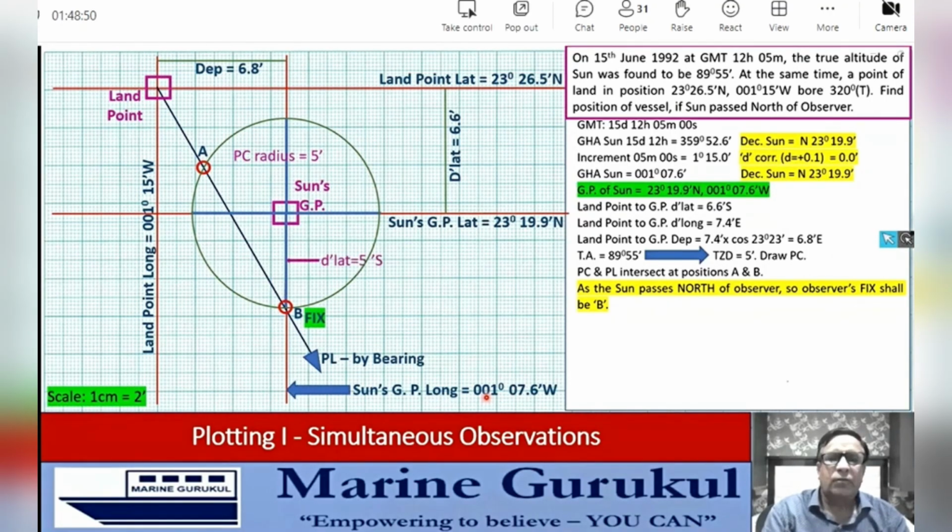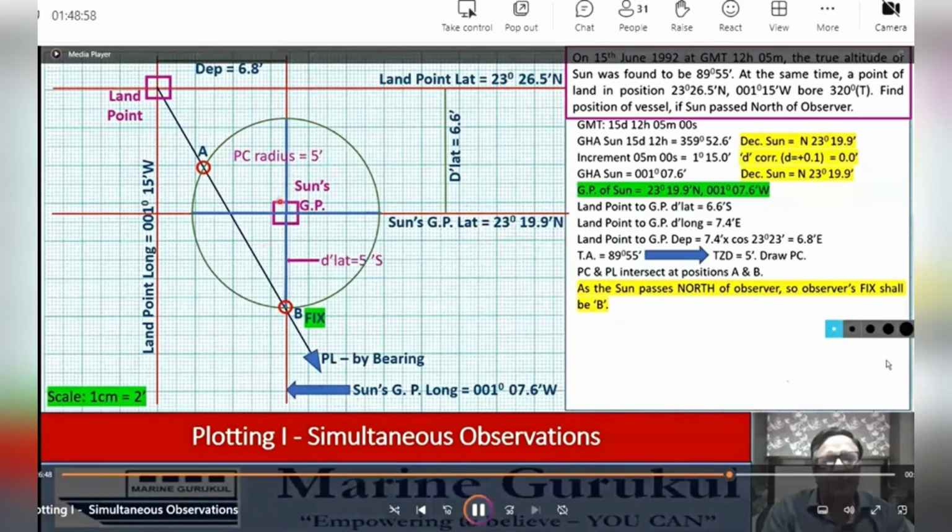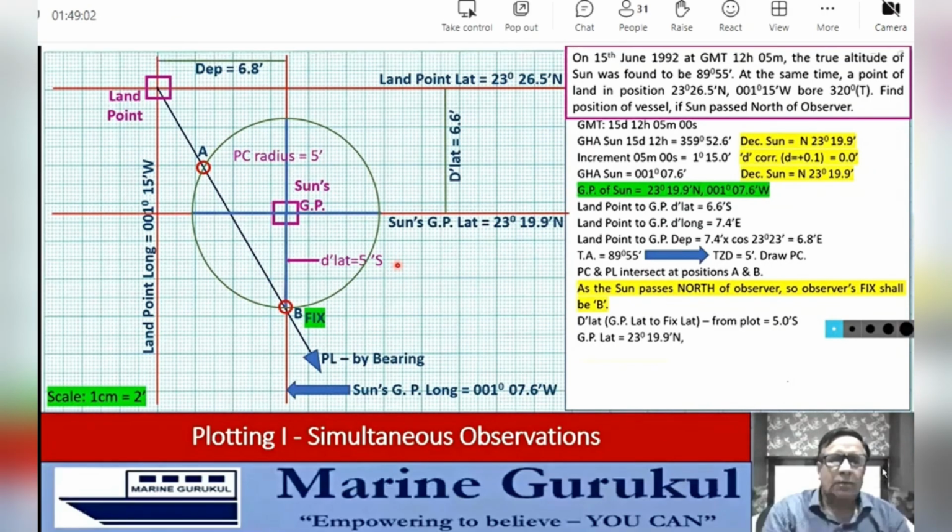So in this diagram, what do we see? This is the D-lat of the fix from the latitude of GP, and it's exactly 5 minutes south. So therefore, the latitude of the fix becomes 23 degrees 14.9 minutes north. What do we see about the departure?